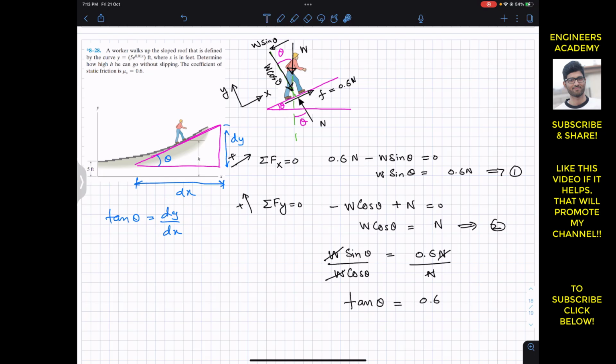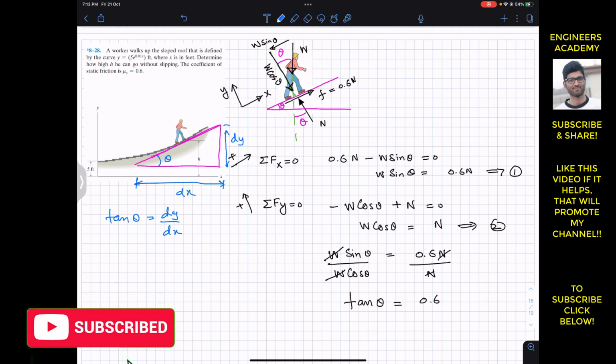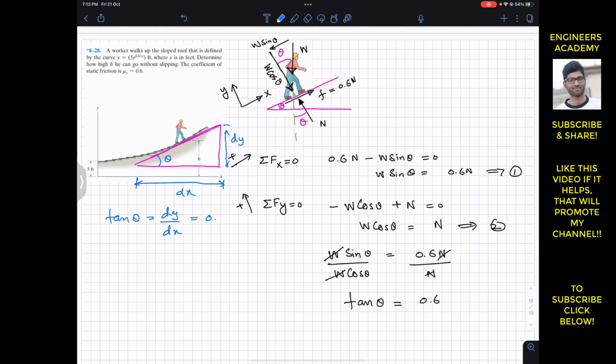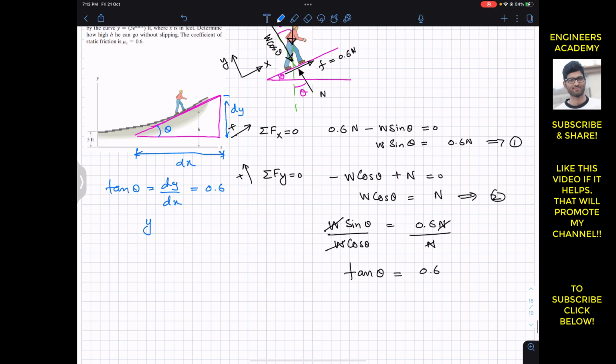So now if I find the derivative of that y of x function, it will be equal to 0.6, since tan theta is 0.6. So we can say that dy by dx is equal to 0.6. Now for the derivative of that y of x function, we can write that y is equal to 5 e to the power 0.01x.